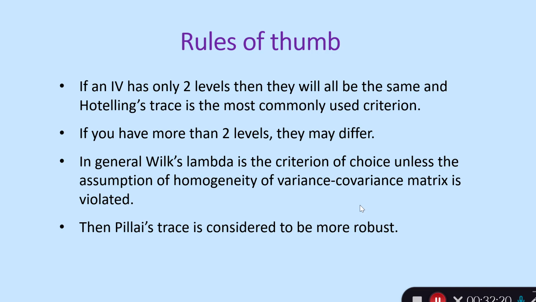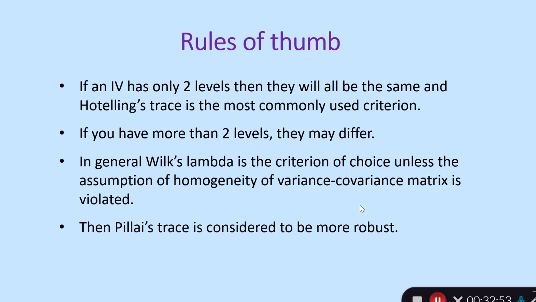And in general, Wilks' lambda is the most commonly reported criterion. It's the criterion of choice when all the assumptions have been met. So you'd use Wilks' lambda in most situations unless you've got an issue with the assumption of homogeneity of variance-covariance matrices being violated.